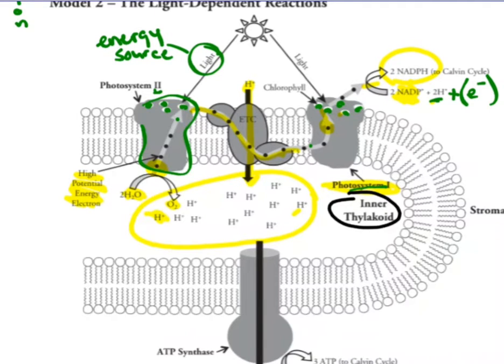At photosystem 2, the electrons are harvested from water, because when I break a bond, I release electrons. So photosystem 2's electron is replaced by the splitting of water. Photosystem 1's electron is replaced by the one that traveled from photosystem 2.